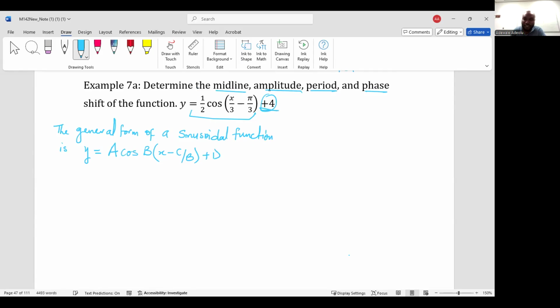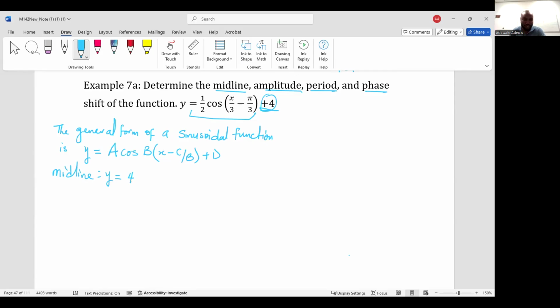Now, my d in this case is positive 4. So midline is y equals 4. That is vertical shift upward.